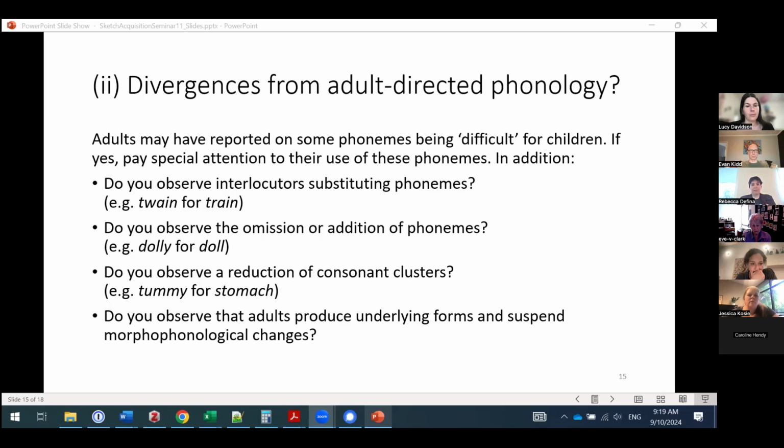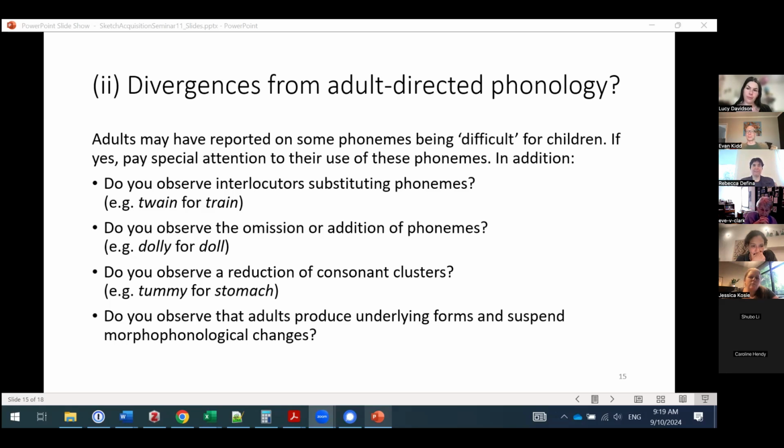And so you can make note of these kinds of substitutions, changes to the phonemic form of a word when being directed to younger children, and note if there's any kind of regularities that you can see to this.